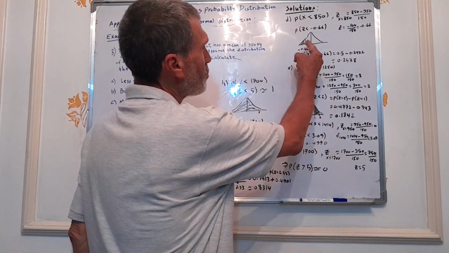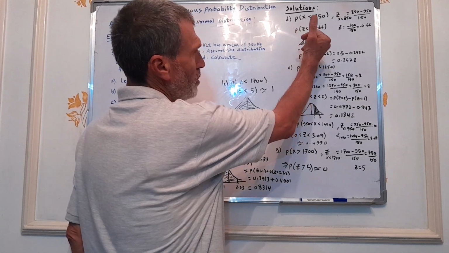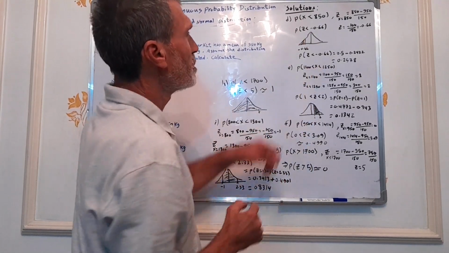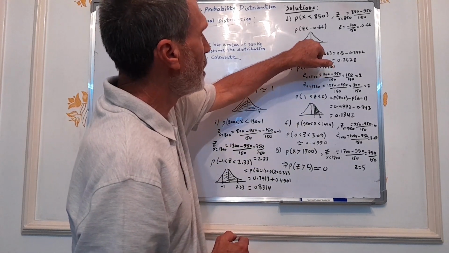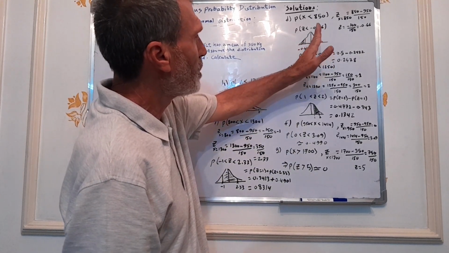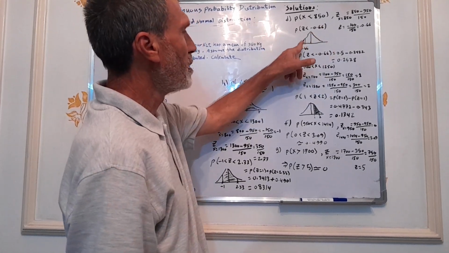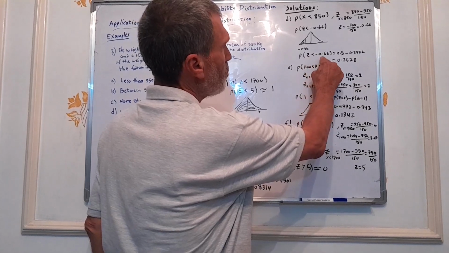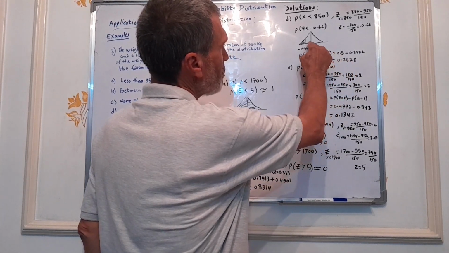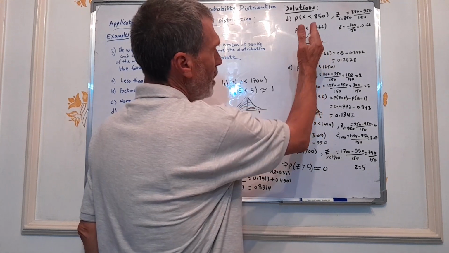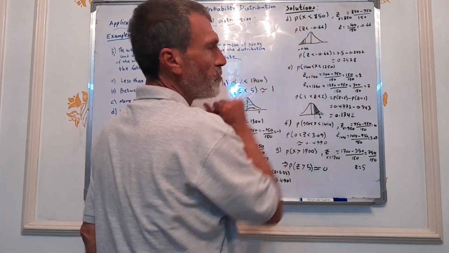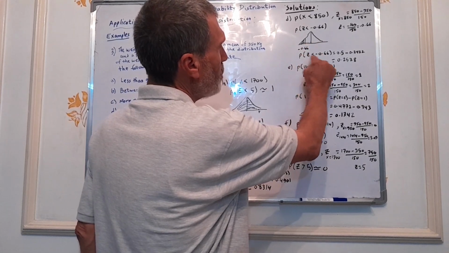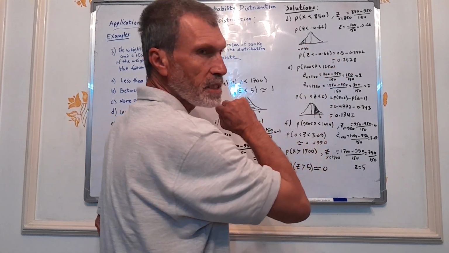We're talking about probability. This is the normal distribution, standard normal. So this is Z over here, which is minus 0.66 over here. So we need the area to the left of this. We find probability of Z less than minus 0.66 is equal 0.5, the whole area in the left half of the curve, minus the probability of Z equals 0.66.